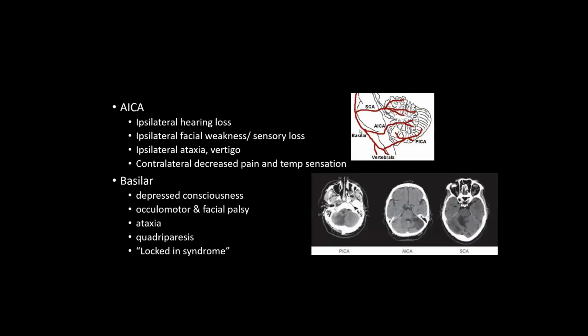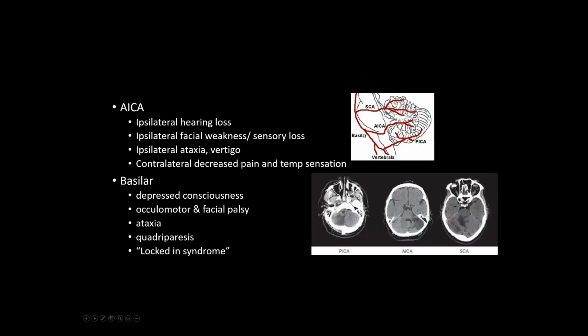Here's a little, I included this just to reorient us. So your superior cerebellar artery is for this top portion. The anterior inferior cerebellar artery, AICA, goes to the middle third of the cerebellum. The PICA is the one we just went over that involves cerebellum and obviously medulla.